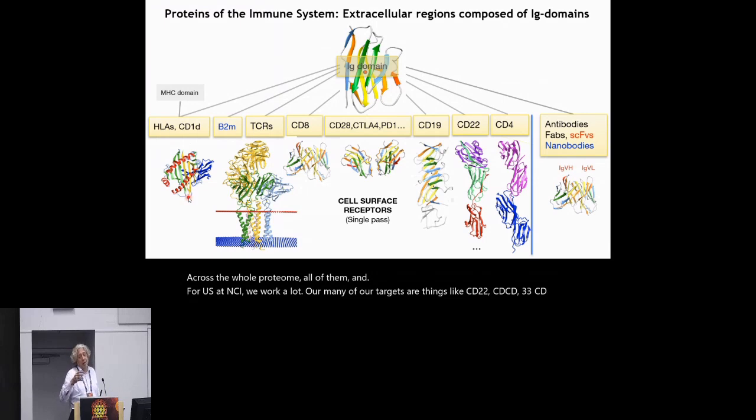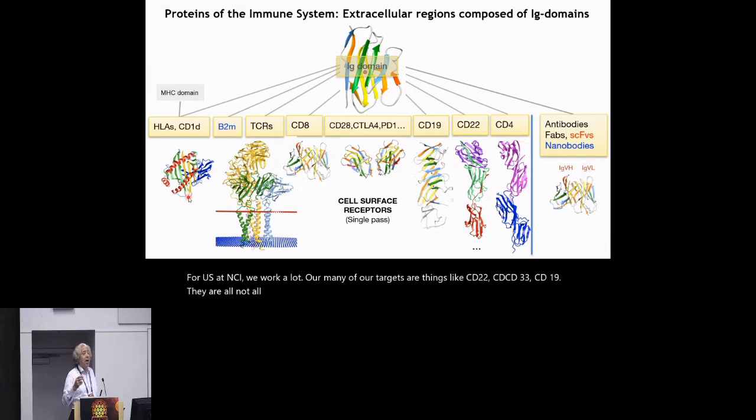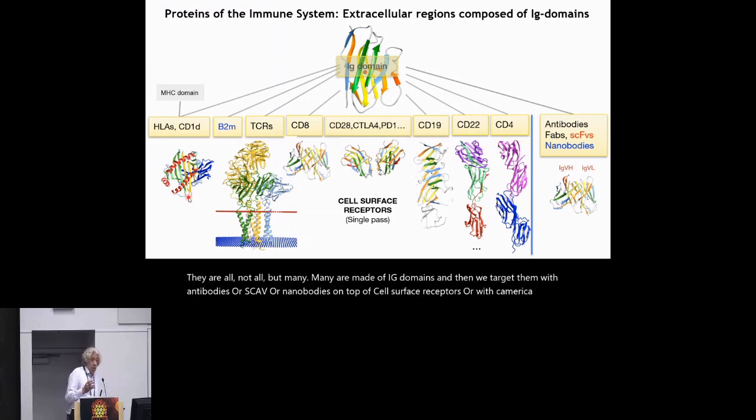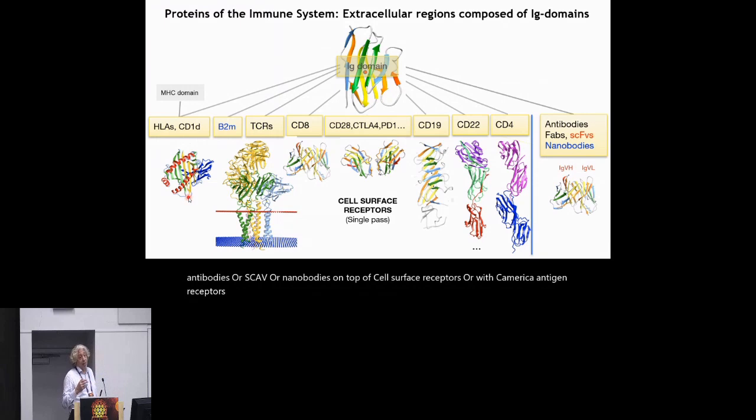They're all, not all, but many are made of Ig domains. And then we target them with antibodies or scFv or nanobodies on top of cell surface receptors or with chimeric antigen receptors. So I was interested in developing something that would allow us to study any Ig domain. And that's how we got started.